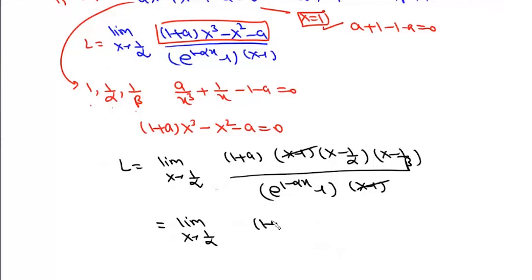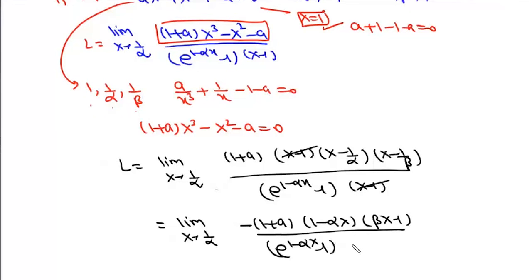Now it will be this 1 plus a. Here we'll take minus common. So it will be minus, and then (1 minus alpha x), and here will be (beta x minus 1) upon (e to the power 1 minus alpha x, minus 1) into alpha beta. Now this is the standard limit (e to the power x minus 1) upon x. So it is 1, and we'll put x as 1 upon alpha.